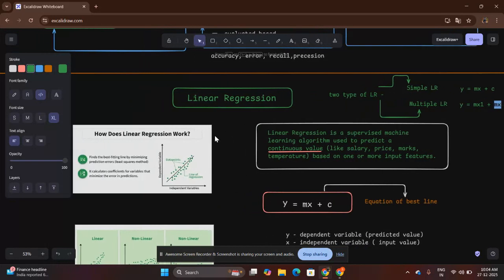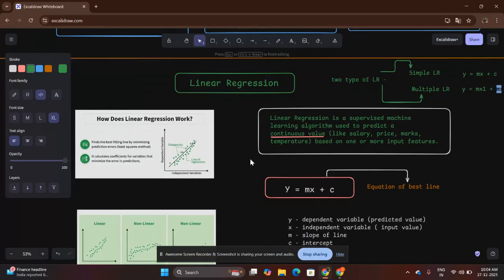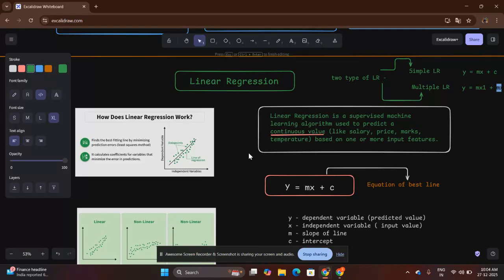Whether multiple or simple, linear regression mainly depends on continuous values. It predicts only continuous values.